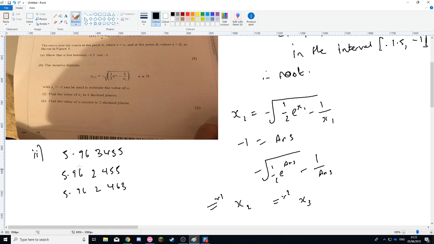So what you see is that the first two decimal places are not changed anymore. The third decimal place is now constant. When the third decimal place is constant, it means that the second decimal place is not affected anymore. So therefore, you know it's 5.96. You basically keep on pressing equals until this number stays the same again and again.